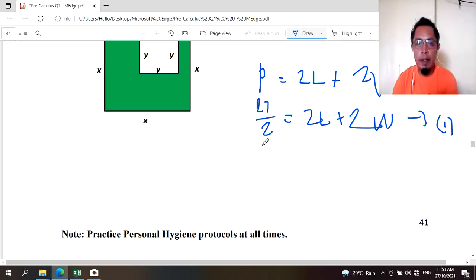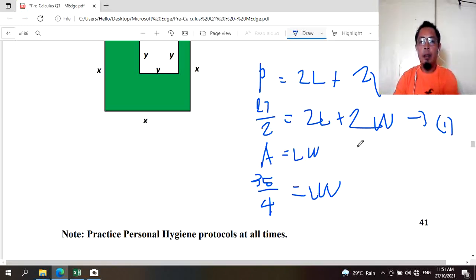Second is we have the area. Area is equal to length times the width. But the area is already given, that is 35 over 4. 35 over 4 square meter is equal to the length times the width.